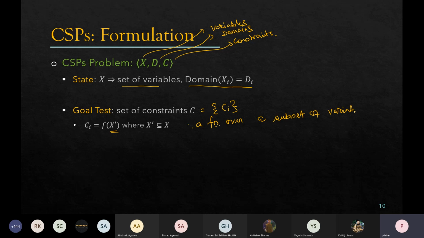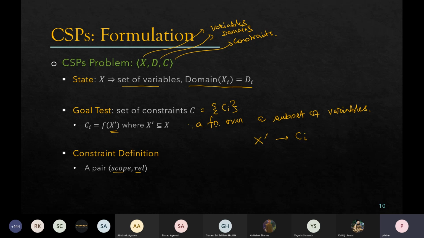Now, for every constraint, we have to declare two things: one is the scope and the other is the relation. Let me tell you what the scope of the constraint is. The scope of the constraint says what is the subset of variables with which I am defining the constraint Ci.